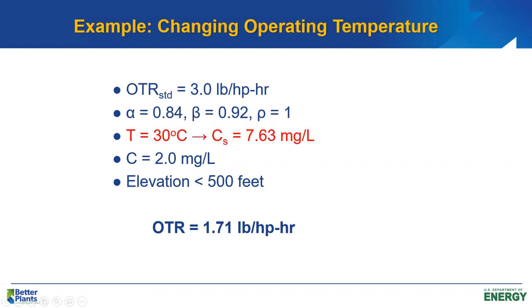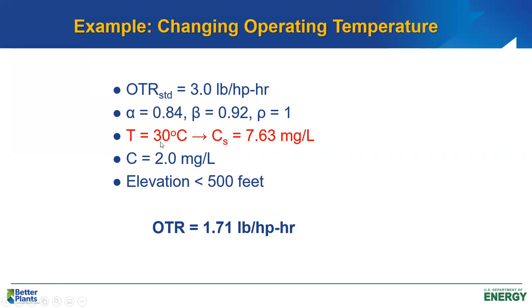All right, now we're going to go from winter to summer conditions. And now instead of the temperature being 10 degrees C in the mixed liquor, we're in the middle of August. And now our temperature in the mixed liquor is 30 degrees C. And how has our oxygen transfer rate changed? Alpha and beta stayed the same, rho stays the same, where we're going to maintain same DO, 2 milligram per liter at the same elevation.